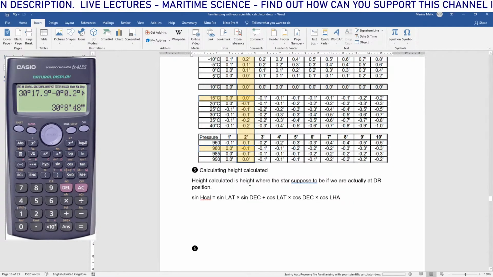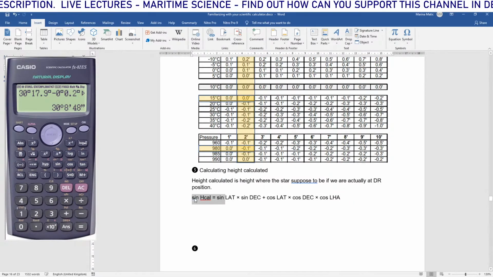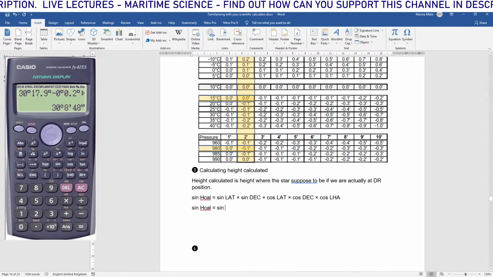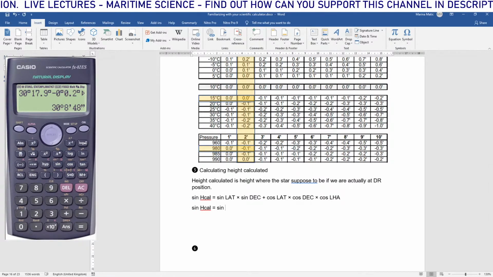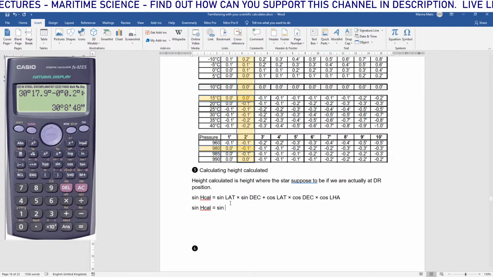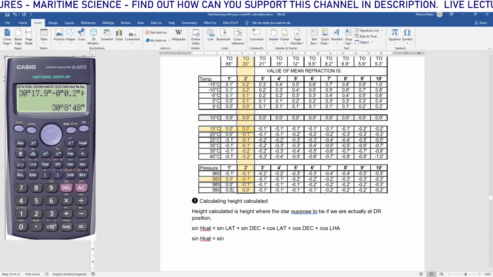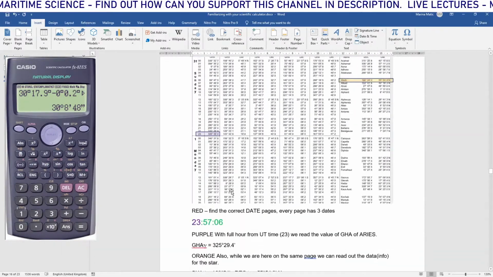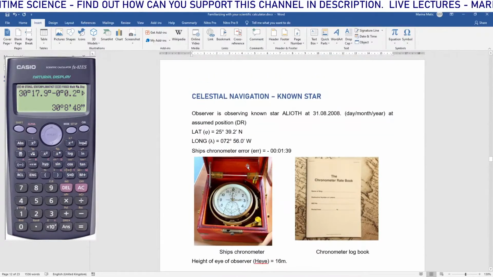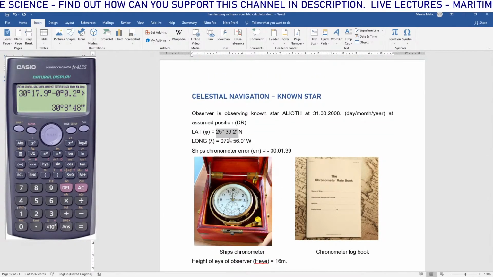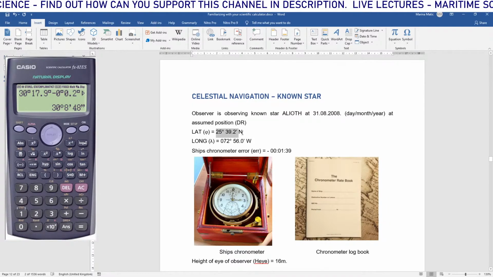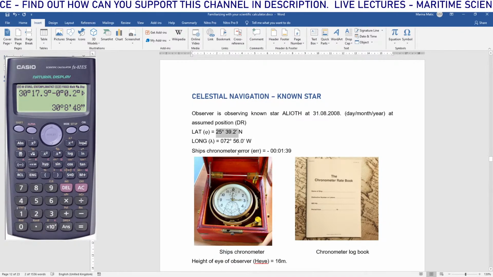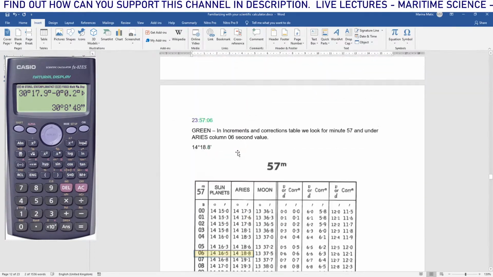So let's go back here and copy this. If you are just learning, and just starting to do this for the first time, what I recommend is put the numbers in before you start calculating, in order to avoid confusion about what goes where. So sine of latitude, and for that we have to go way back to the start of the task, and the latitude is this, and keep in mind it's north, so north is positive. If it was south, I would have to put a negative sign in front.